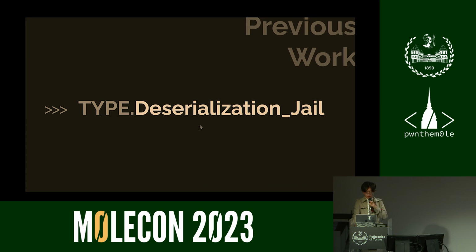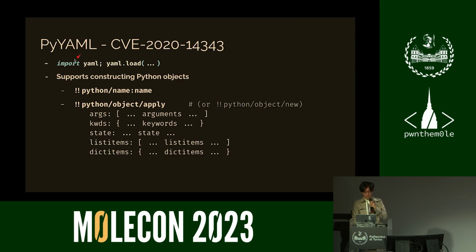Let's talk about an example of deserialization jail. We could talk about Pickle, but I would like to choose PyYAML as an example. Here is a CVE, CVE-2020-14343. It's a YAML module, but it supports more than just normal YAML. It can construct Python objects.